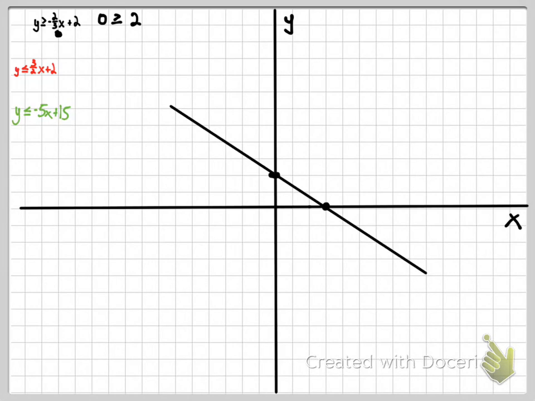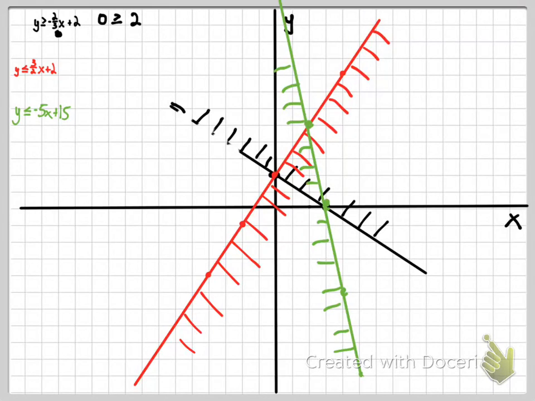Is 2 greater than or equal to 2? No, it's not. So this one is going to be shaded that way. Since it can be equal to, you have to make this a dotted line, but I'm not going to worry about that right now.